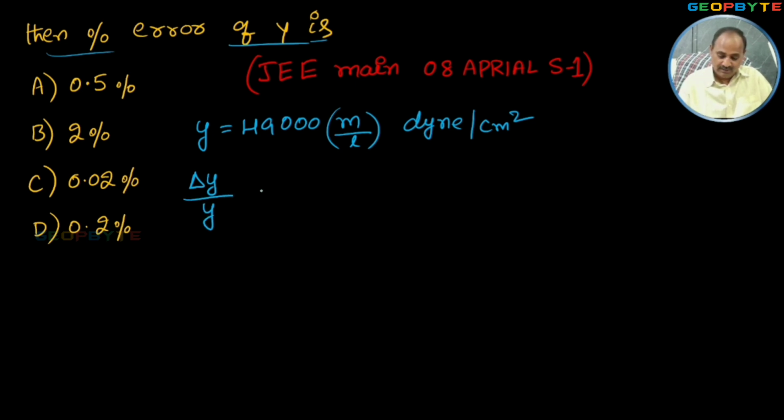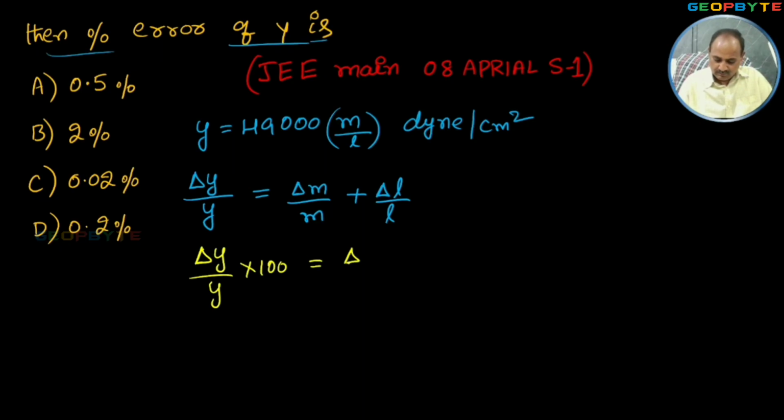Delta Y by Y is equal to delta M by M plus delta L by L. For the percentage error, delta Y by Y into 100 is equal to delta M by M plus delta L by L, into 100.